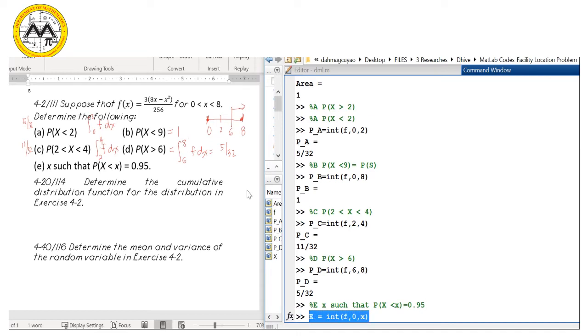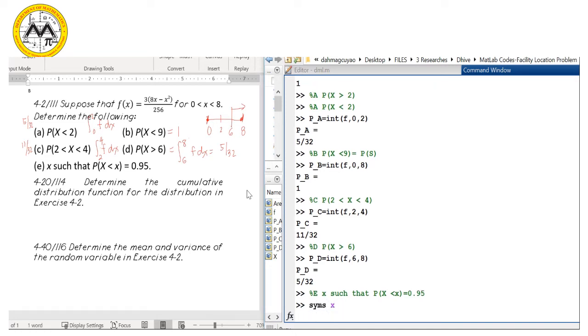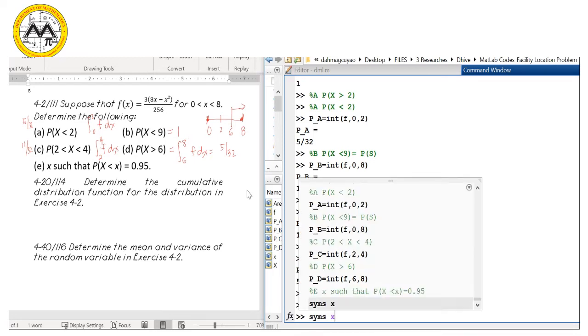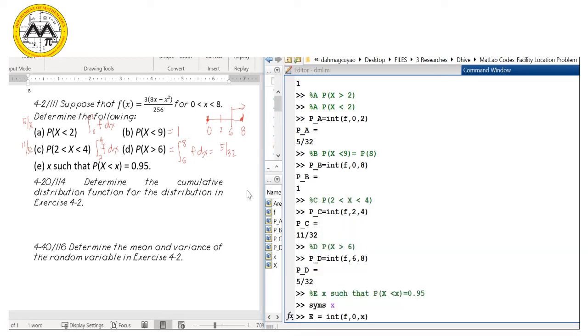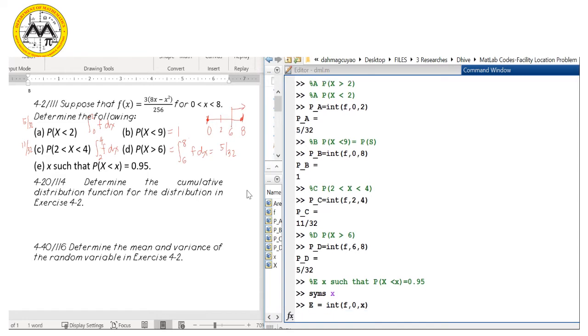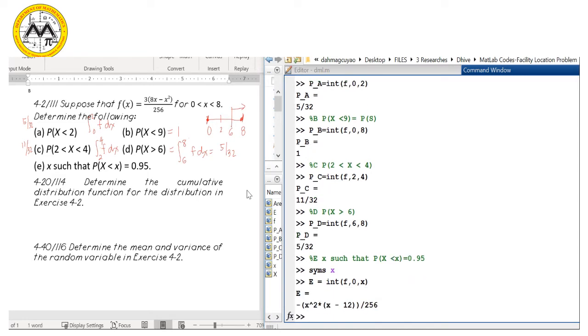However, we haven't introduced a symbolic variable x. So we first define the symbolic variable x such that if we integrate this from 0 to x, we have a cubic equation. We have this resulting equation. Now, what we want to do is to solve E equal to 0.95.